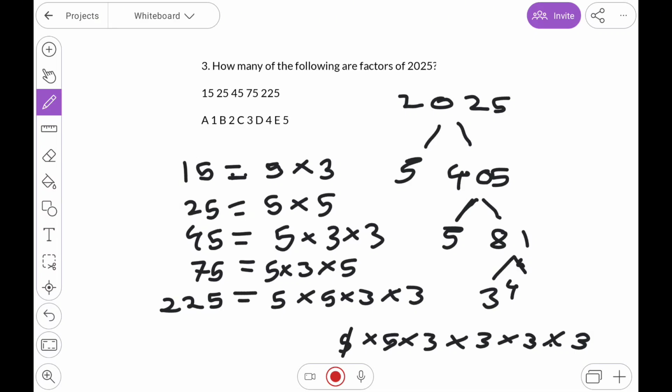Let's see. 5 times 5, 3 times 3. It is! 3 squared times 225 is 2025. And so, the answer to this problem is all 5 of them are factors.